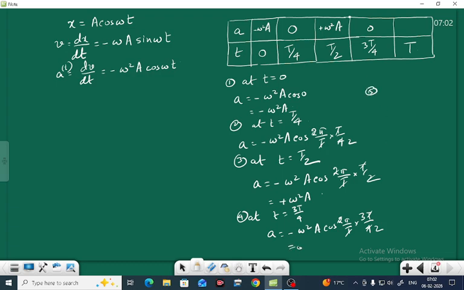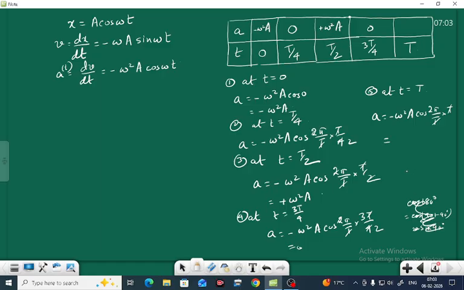And at the fifth point, at time t is equal to capital T, the acceleration will be minus omega square a cos 2 pi by T into T. So T cancels, and 2 pi means 360 degree, not 180.